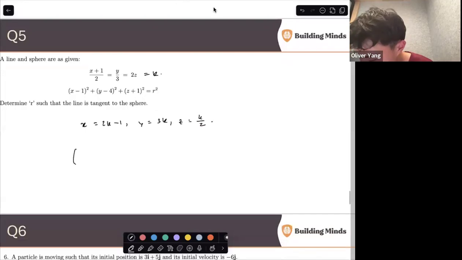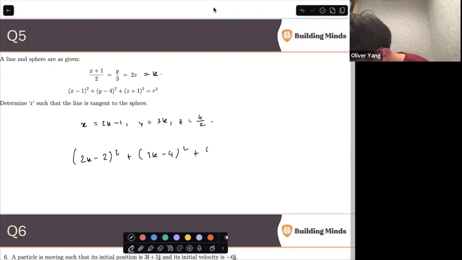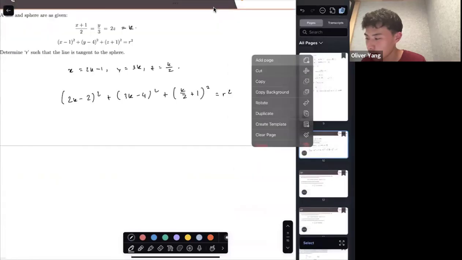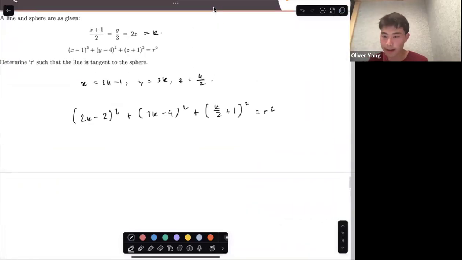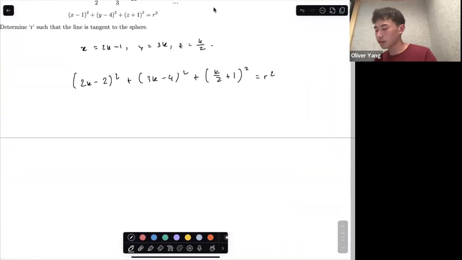We sub it in, so we get (2K minus 1 minus 2) squared plus (3K minus 4) squared plus (K on 2 plus 1) squared equals R squared. Then we want to expand all of this.